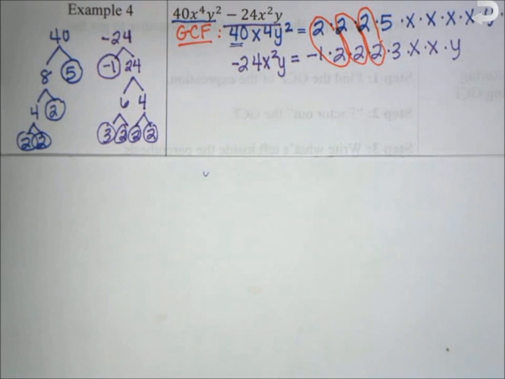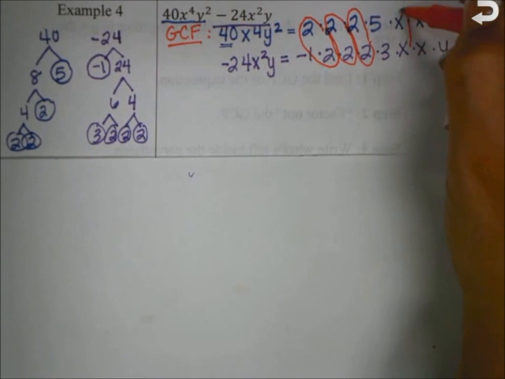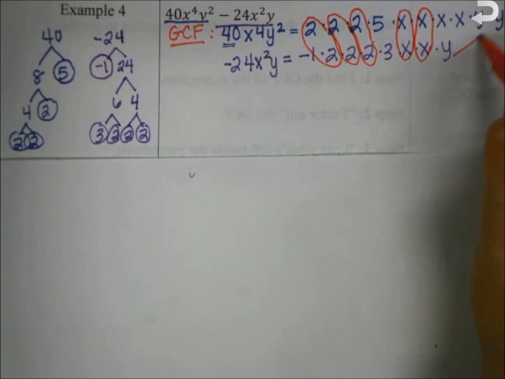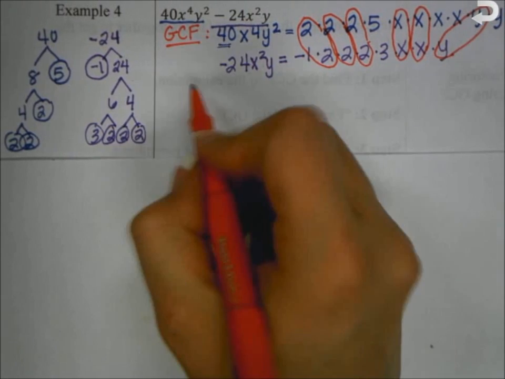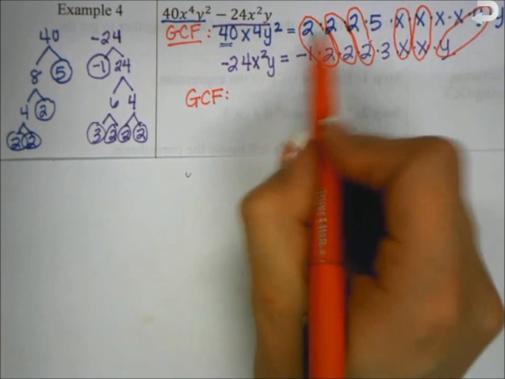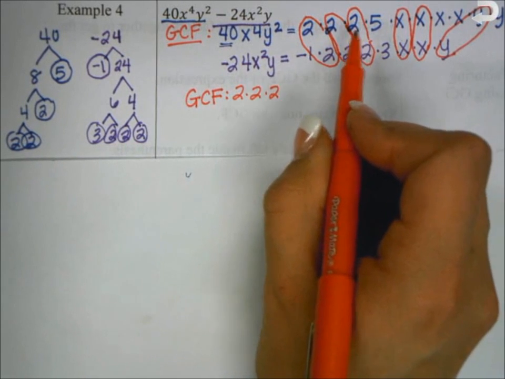And how many y's? Just 1. So what's my GCF? My GCF is 2 times 2 times 2. There were 3 2's in common. How many x's? 2 times x times x times y. Just one y in common.